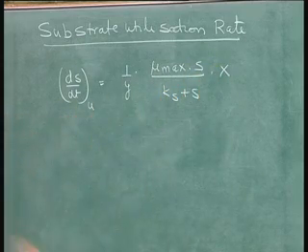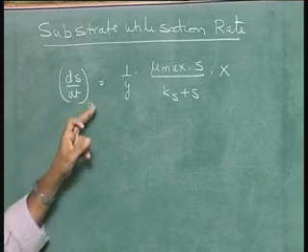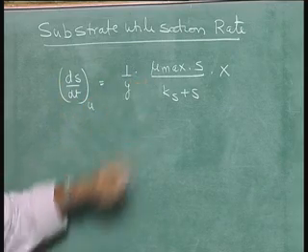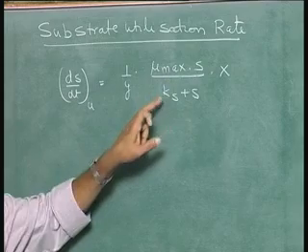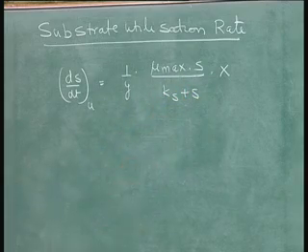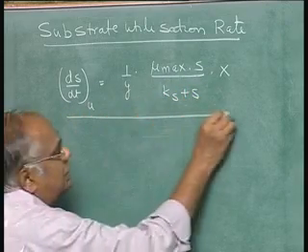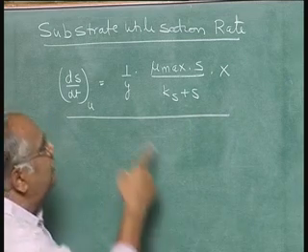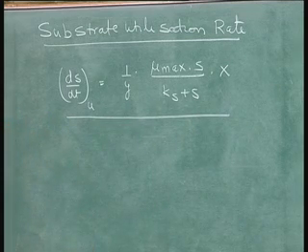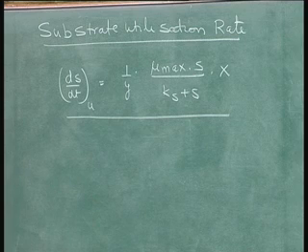This equation I can write here. So substrate utilization rate is equal to this, and this is one equation I can write for substrate utilization from the dx by dt type of equation. dx by dt is the growth rate of microorganisms.